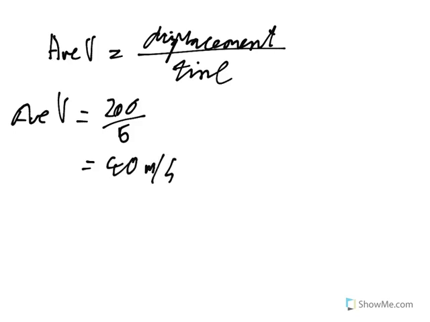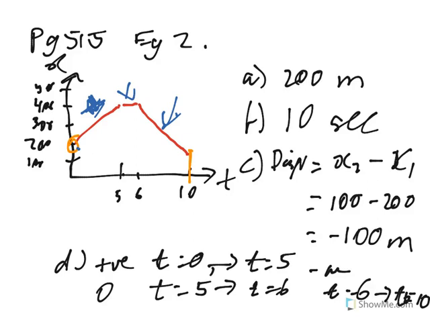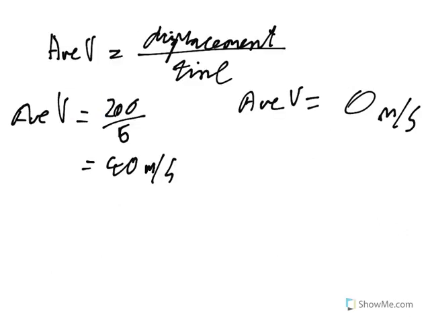For the bit in the middle, it's 0 metres per second. That's this bit here. And then finally, that last bit, so our displacement goes from there down to there, so it's a negative displacement from 400 down to 100.